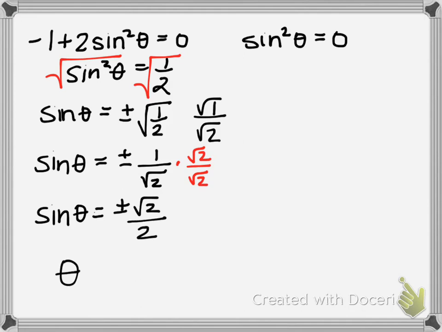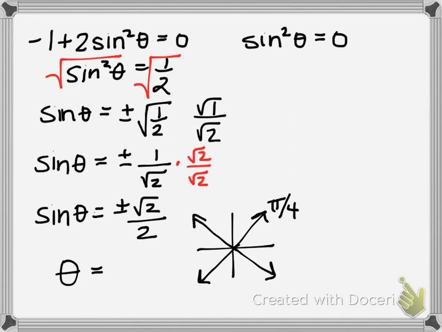So we're looking for the angle that has a sine value of rad 2 over 2. If you can remember some of your common angles, that's going to be a 45-degree angle, which will be pi fourths. But because it wants both positive and negative rad 2 over 2, that means that it could occur in any of the 4 quadrants.